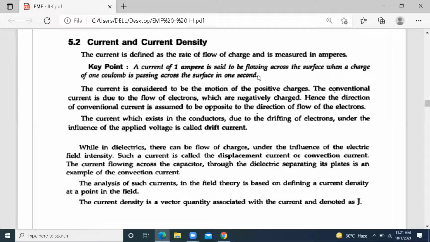The current is considered to be the motion of the positive charges. The conventional current is due to the flow of electrons, which are negatively charged. Hence, the direction of conventional current is assumed to be opposite to the direction of the flow of electrons.